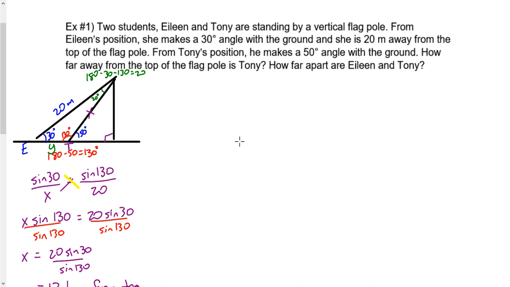At the same time, there's another opportunity. Flagpole is vertical. Eileen could be on one side, and Tony could be on the other. So we're going to have to solve both situations.